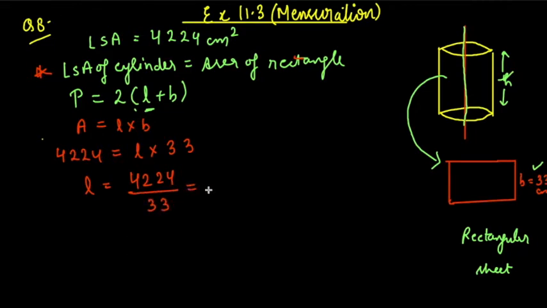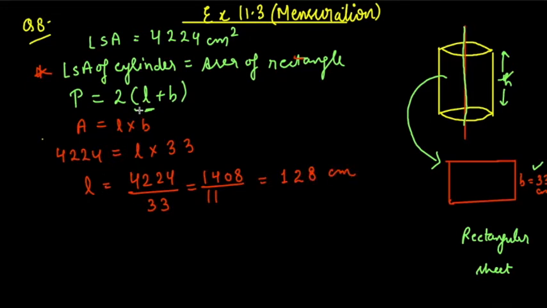Let's see, it is divisible by 3. 3 ones are 3, 3 ones are 3 and 3 ones are 3. 1 carry, 3 fours are 12, 0 is not divisible, put a 0, and 3 eights are 24. Let's see, it is divisible by 11. 11 ones are 11, then 11 twos are 22 and 11 eights are 88 centimeter.